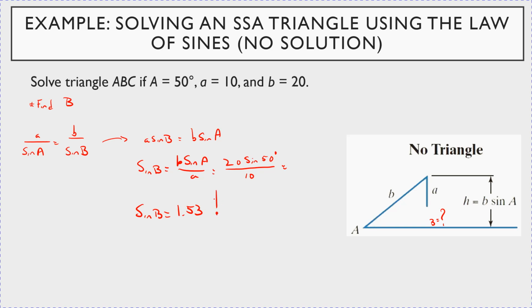But wait a second. What is the range of the sine function? It's between -1 and 1. So there is no angle B for which the sine function is greater than 1.